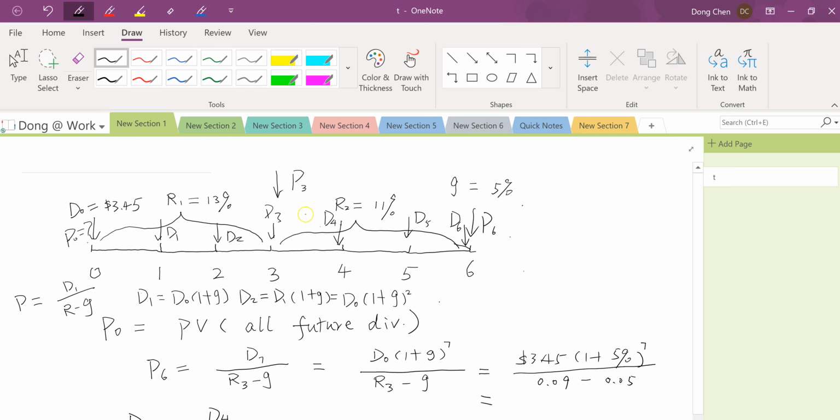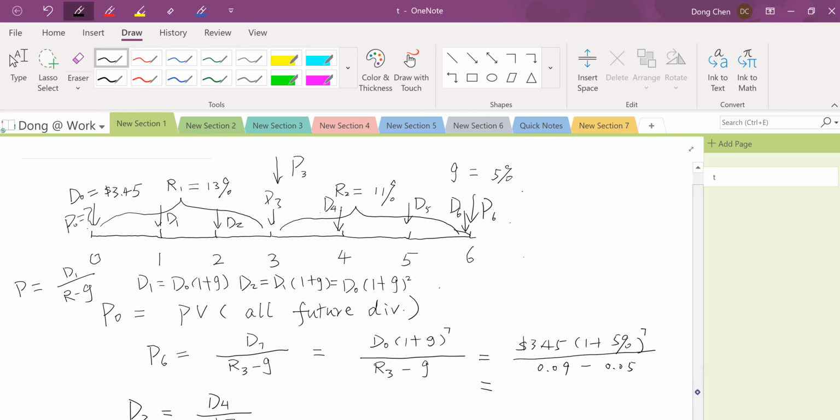So D4, when you discount 1 year back, that's how you can get the present value in terms of year 3. So that's why I divide this by 1 plus the discount rate.